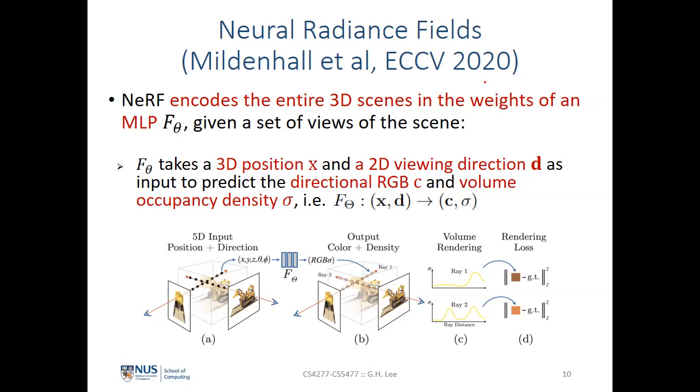So that means that it's actually a very simple architecture. You can actually train an MLP, just this function itself, and it's not even a CNN, it's just an MLP that takes in 5 parameters. Okay, so the input is a 5-dimensional vector, which is the 3D position X and a 2D viewing direction.